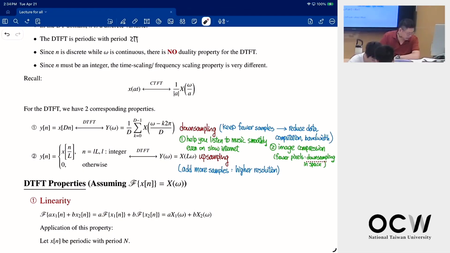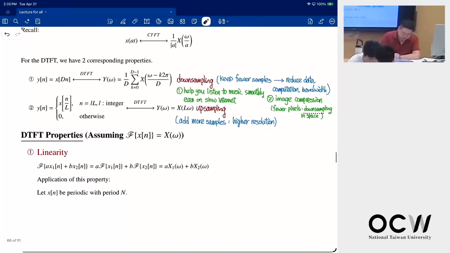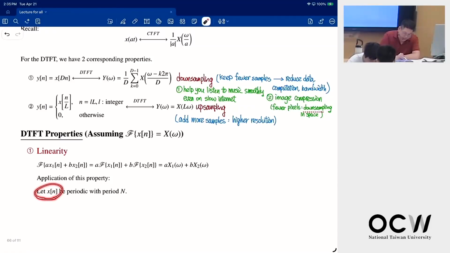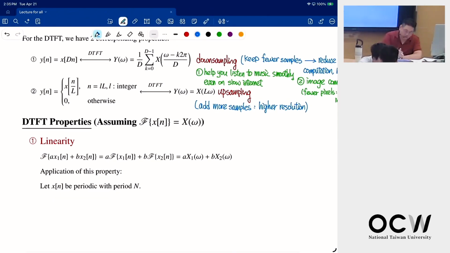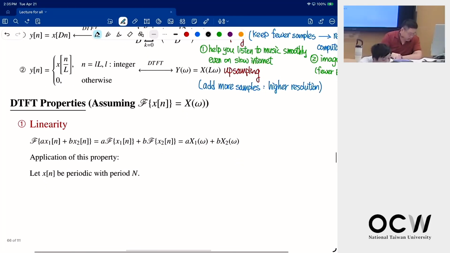For the application of this property, suppose I have x[n] and it is periodic with period N. Just like continuous time, if my signal is periodic, I am still interested in knowing what the Fourier transform is. So let's see the discrete time Fourier transform. First we need to write down this signal.